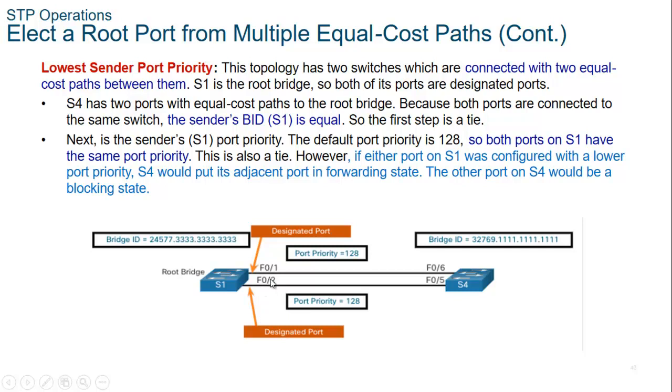But in case one of them has a lower priority, let's say for this particular port, the priority is 112, then the adjacent port in S4, which is Fa0/6, will be put in forwarding state. The other port, which is Fa0/5, would be put in a blocking state.